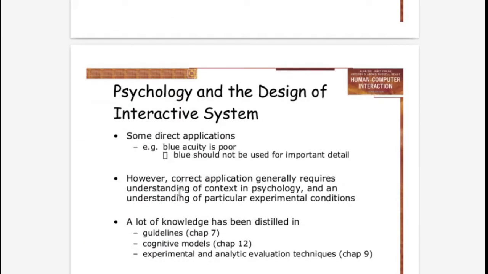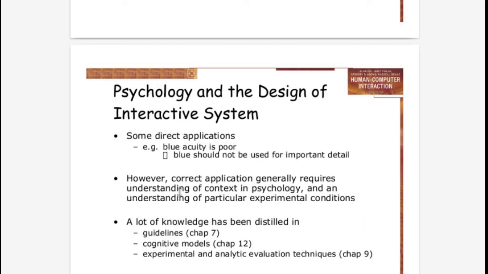Psychology and the design of interactive systems: there are some direct applications. If we use blue to emphasize that something is important, it won't be correct, because blue acuity is poor. Blue shouldn't be used for important detail.